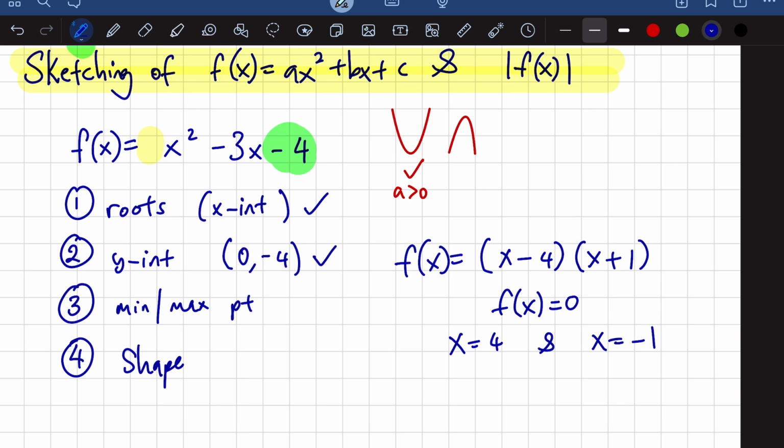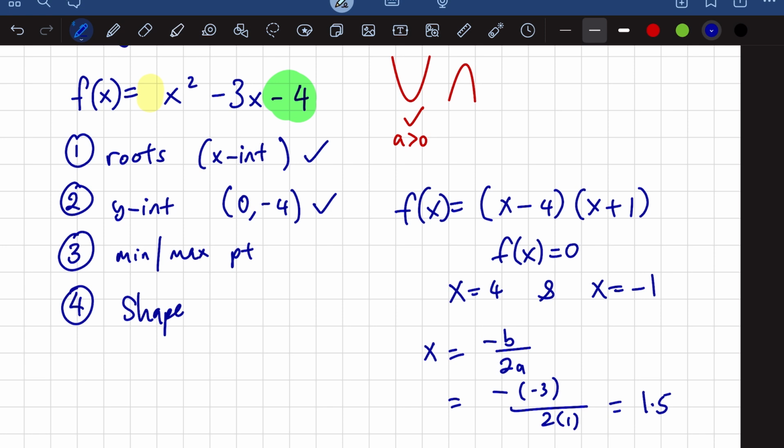Next, we need the minimum or maximum point. We know this is a minimum because it's a U-shaped parabola. So we're going to use x equals minus b over 2a to get the x vertex quickly. Minus b over 2a: minus (minus 3) over 2 times 1, which leads us to 1.5. So that is our x vertex.